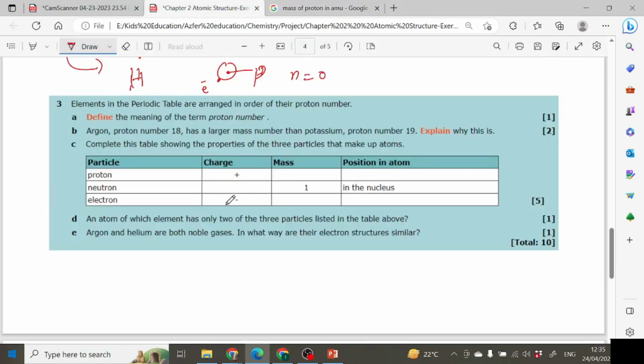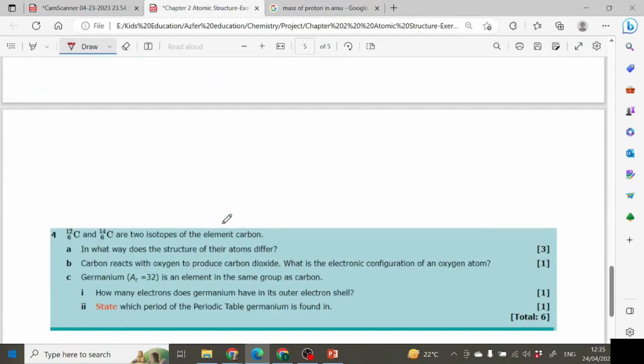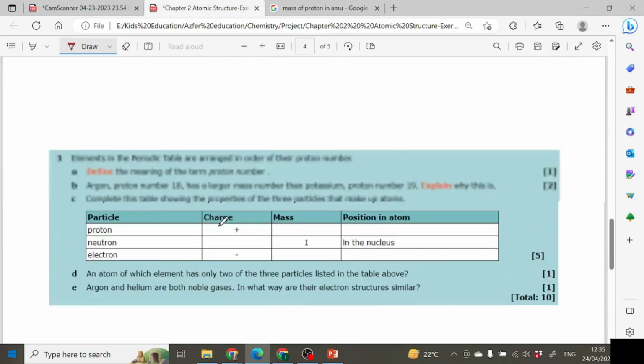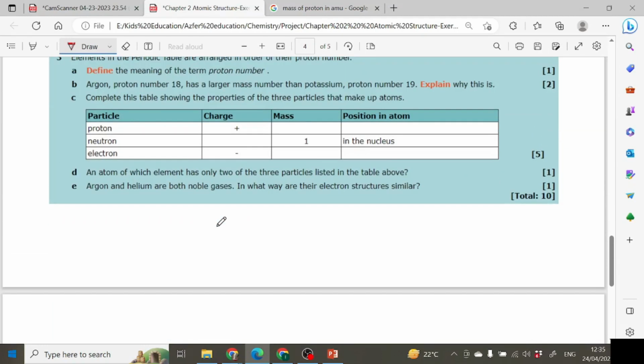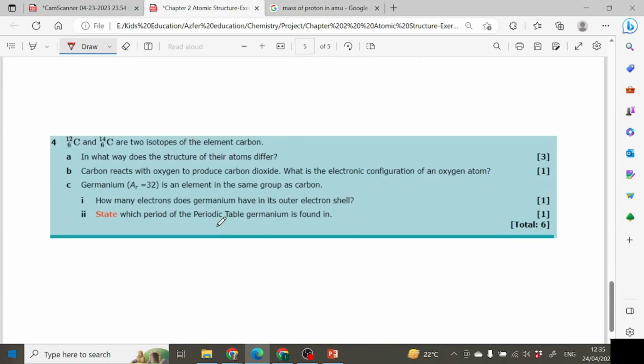The next question, question 4. Carbon-12, C12 and C14 are the two isotopes of the element carbon. In what way does the structure of their atom differ?